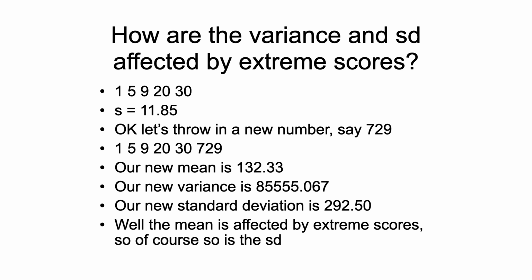If the top of the fraction is bigger, the number's bigger. So if you get a bigger mean, it's going to make a bigger standard deviation. A smaller mean will make a smaller standard deviation. Questions?